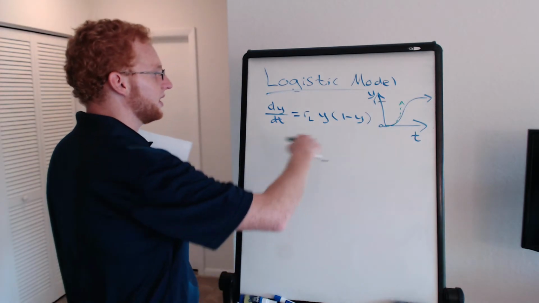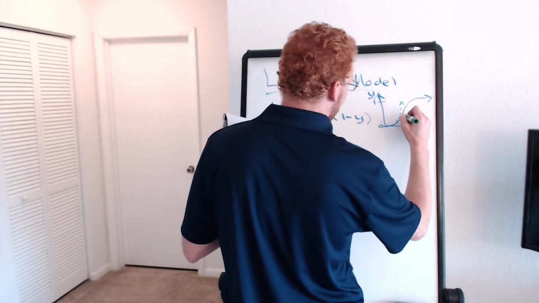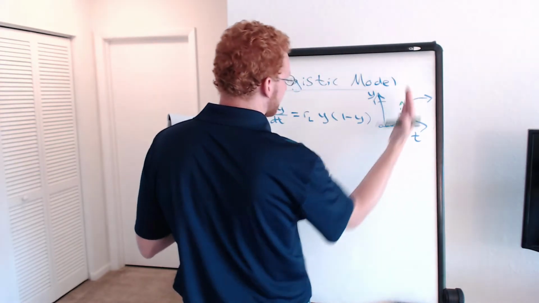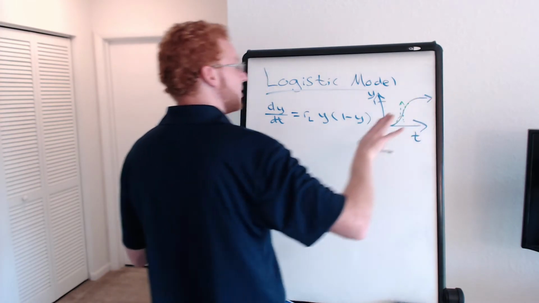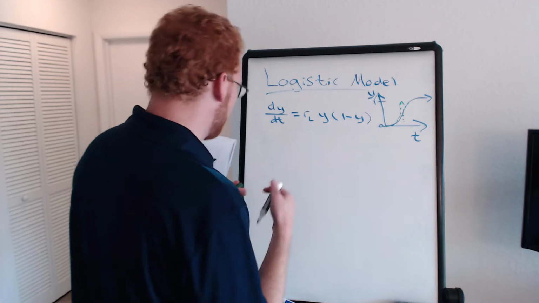And so then you get this, which is like the monomolecular part. So you have the exponential curve at the beginning and the monomolecular slow down at the end.